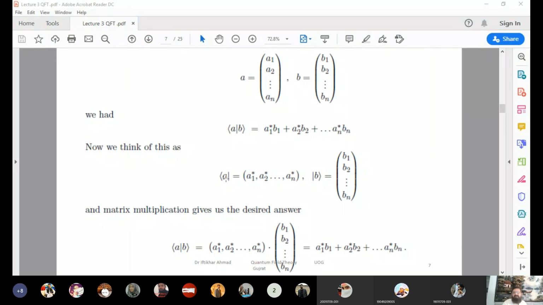Bra is actually a row vector, and ket is actually a column vector. So bra and ket both represent vectors, column vectors and row vectors.